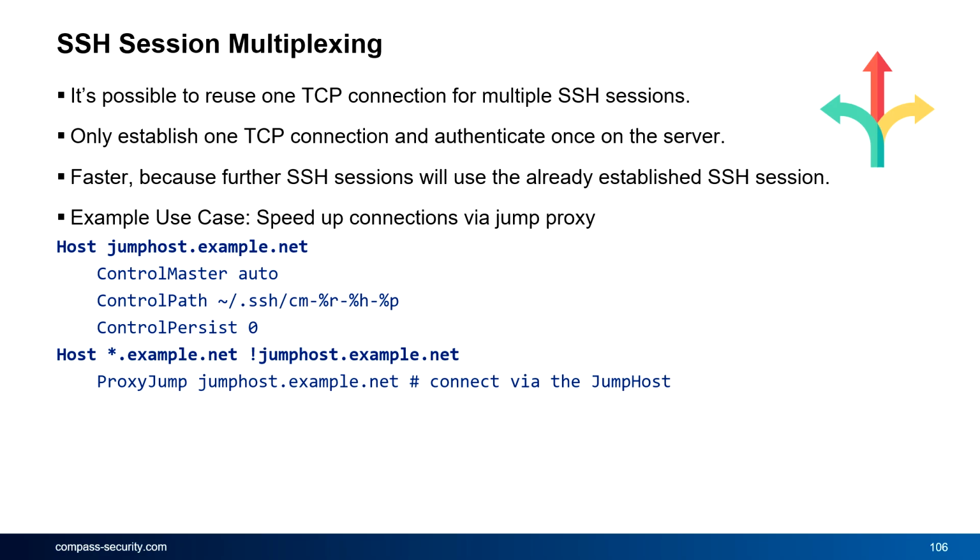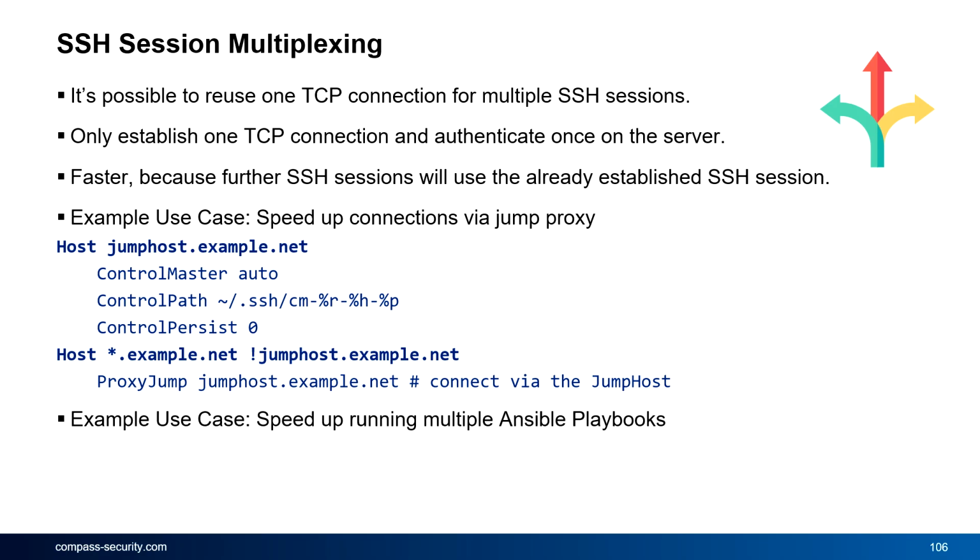So, if you now connect to a target host, you first would have to authenticate on the jump host, but then your SSH client sees, oh, I already have an open connection to the jump host. I don't have to authenticate again. I will just reuse this connection, and then you will just authenticate on the target host. And this speeds up the process quite a bit.